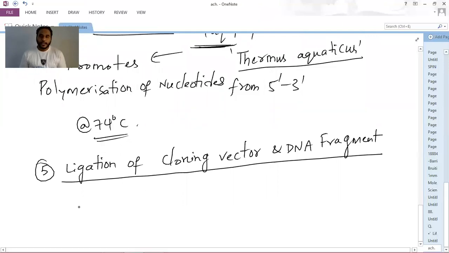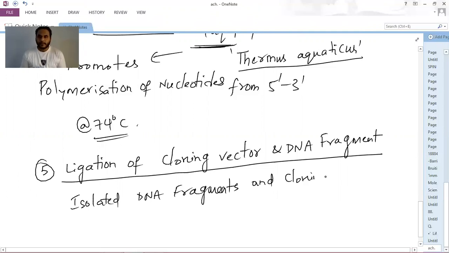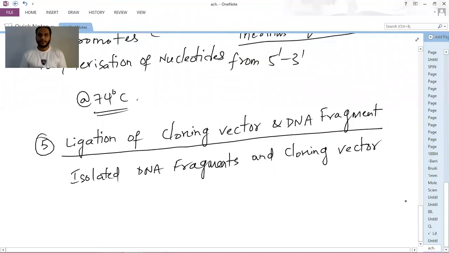In this process, the isolated DNA fragments and a cloning vector, like a plasmid, are mixed and then incubated.